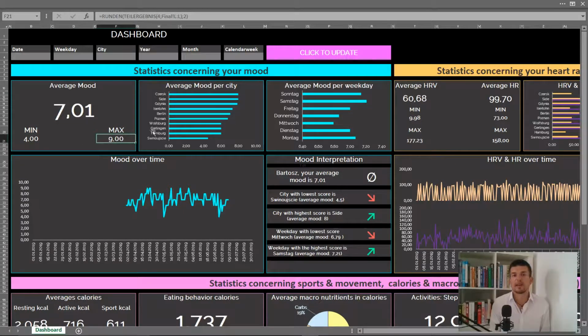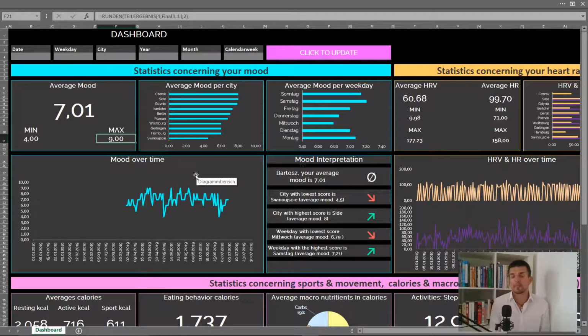Then I can analyze moods per city and moods per weekdays to understand whether, for example, a city has impact on my mood, and then I see how it develops over time. And if, for example, I want to see how my mood develops over time in Berlin, I can filter the dashboard on Berlin here. We will take a look at this later.